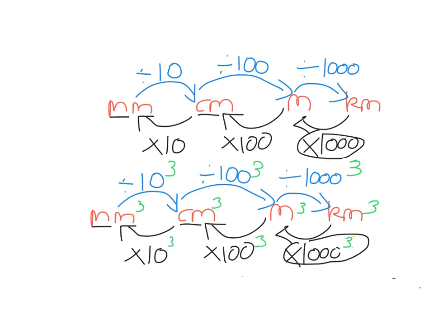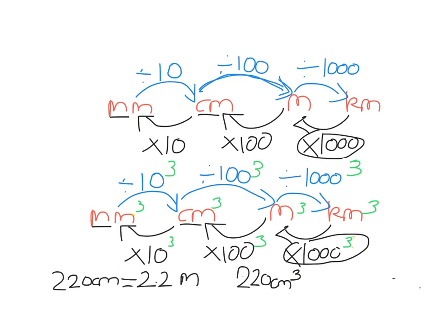If you had, for example, 220 centimeters and wanted to convert it to meters, well, that's easy. Centimeters to meters, we divide by 100. So 220 divided by 100 is 2.2. So 220 centimeters is 2.2 meters. But if I had 220 centimeters cubed and I wanted to convert it to meters cubed, I need to divide by 100 cubed.